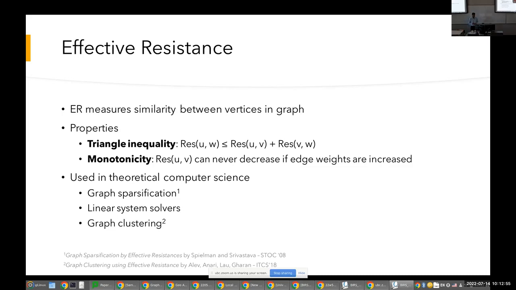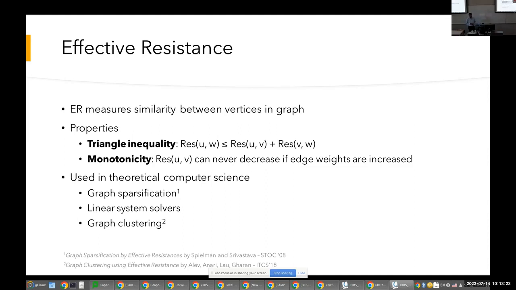On the previous slide, I mentioned that these are used widely in theoretical computer science. There's this pretty spectacular work of Spielman and Srivastava, where they do graph sparsification using effective resistances. If you're not familiar with the work, I highly recommend looking at the paper because it's quite interesting. The idea is you have some graph, it might be dense, and you want to sparsify that graph in a way that preserves the spectral properties of the Laplacian.